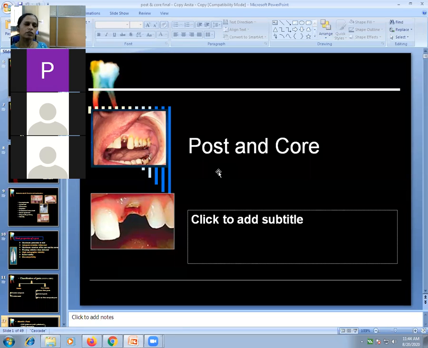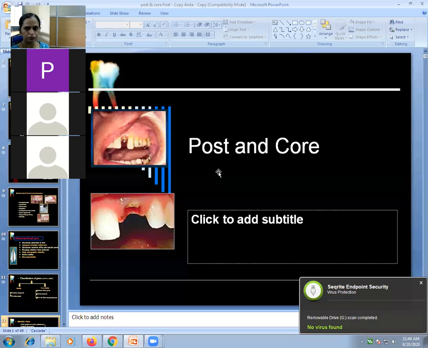The third classification depends upon the surface of the post, whether it is serrated or smooth. The smooth one you need to cement inside the root dentin with the help of a cementing media. On the other hand, a serrated post you have to screw inside the root dentin.